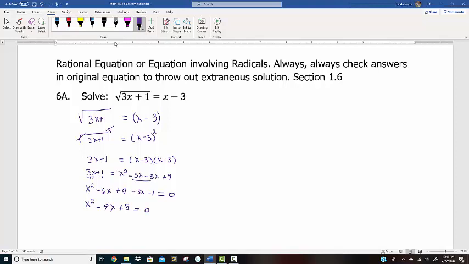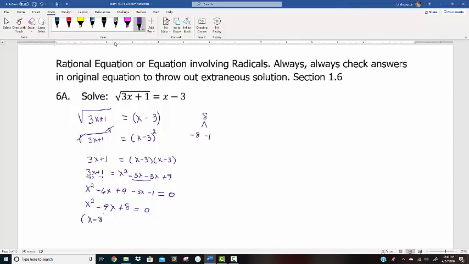Once we get down to this point, we're going to see if we can factor it. Well, factors of 8, multiples of 8, would be 8 times 1. If they were both negative, -8 times -1 equals 8. -8 plus -1 gives me -9. Again, this x term just has a 1 in front of it, no other coefficients, so we can use these two numbers as our factors.